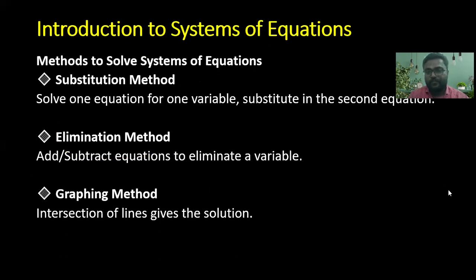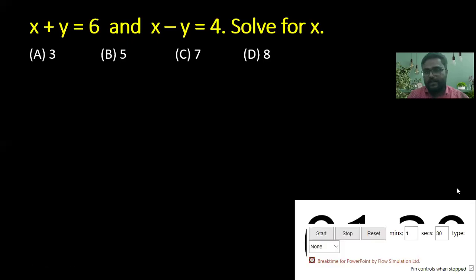Let's say I'll try to solve the questions and then explain it to you guys with the questions itself. So let's say x plus y is equal to 6 and x minus y is equal to 4. So elimination, what do you guys need? You guys need a term with same variable, same coefficient, but opposite signs.